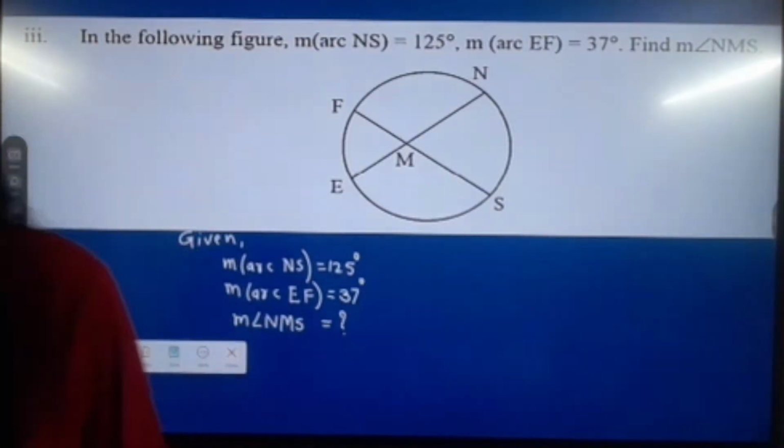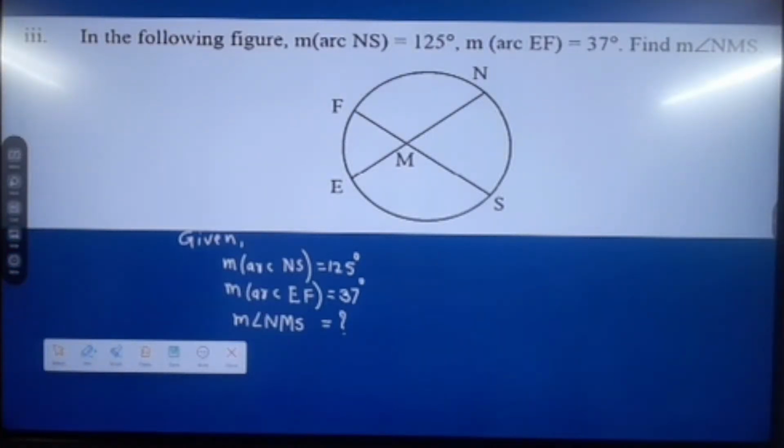Okay, students. So now see here, students, there is a formula for that.